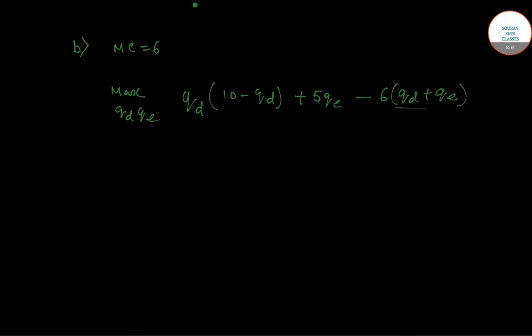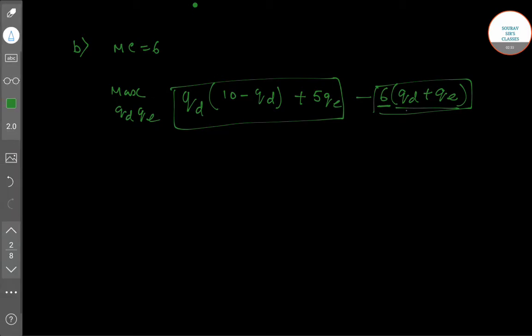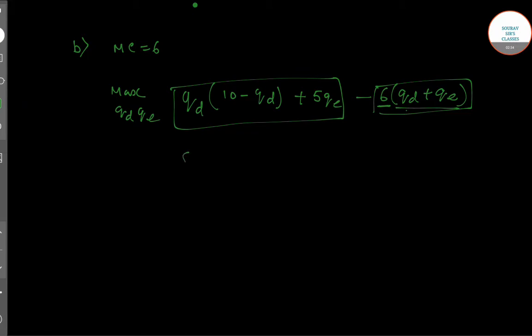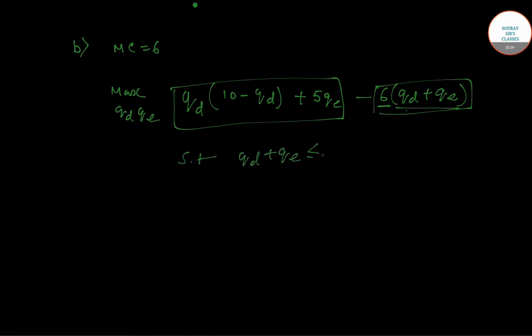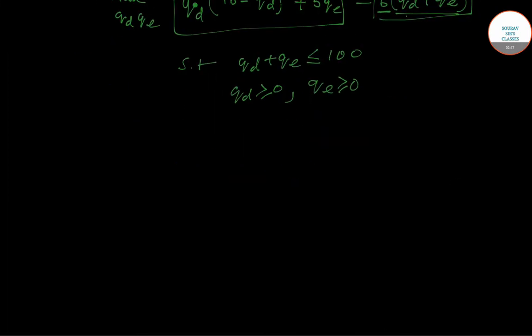The total quantity times the marginal cost is the total cost function, and the first part is the total revenue function for the monopolist. So total revenue minus total cost is the profit function that we have to maximize. There is another constraint: QD and QE must be less than or equal to 100, and greater than or equal to 0.